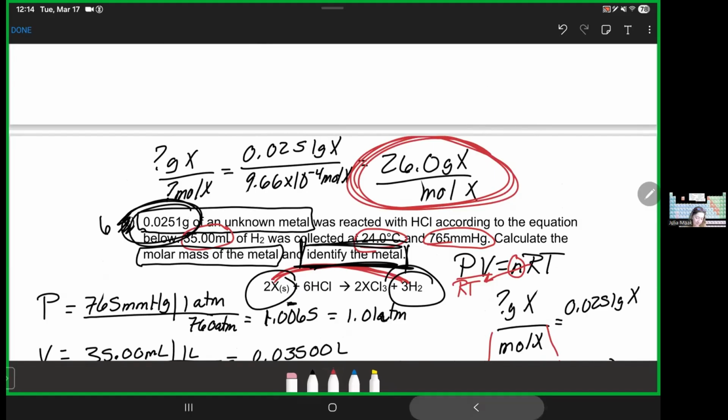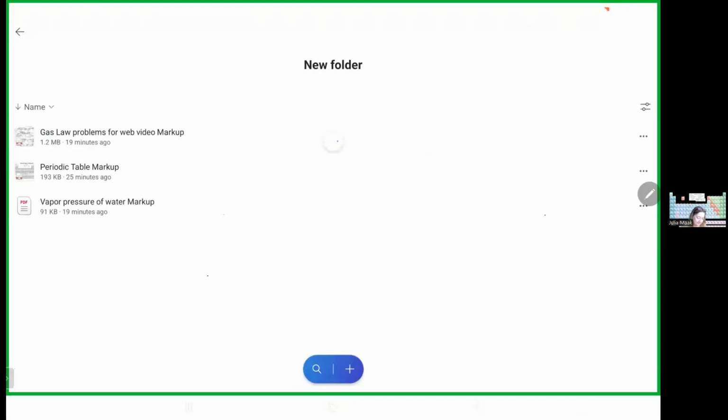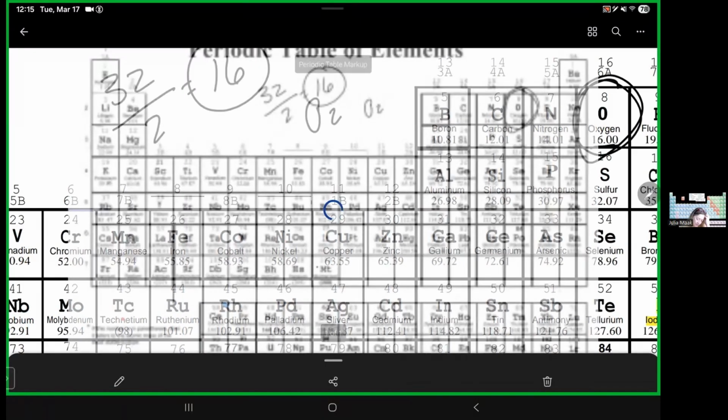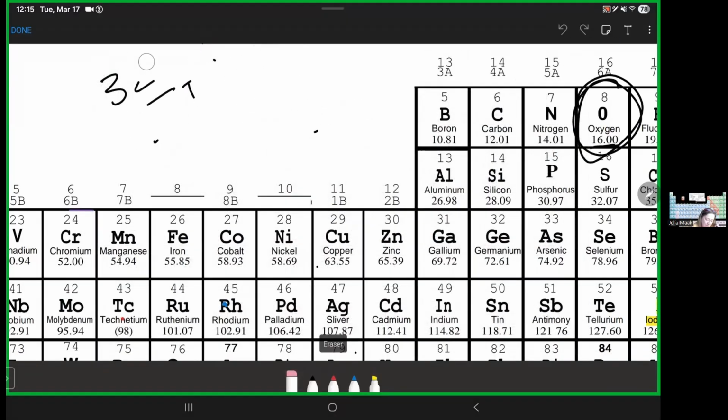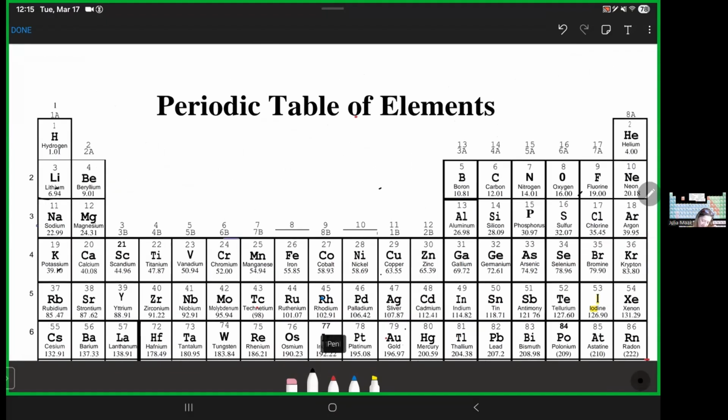So we go to our periodic table and we look for the chemical that is closest to 26 grams per mole. Remember, we did a lot of rounding on that, so it's going to be close but not exact.